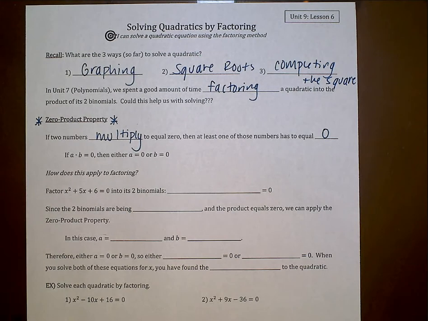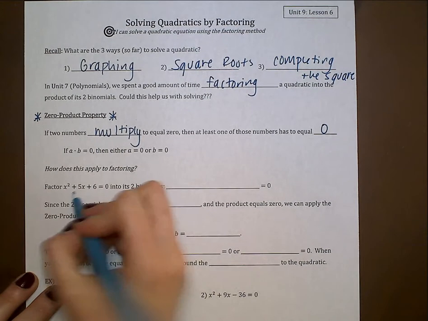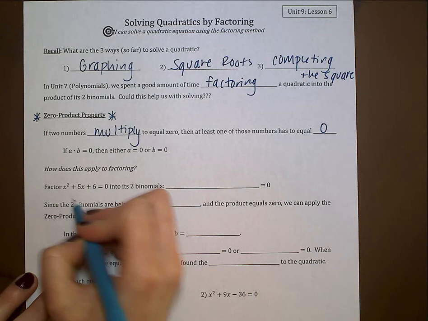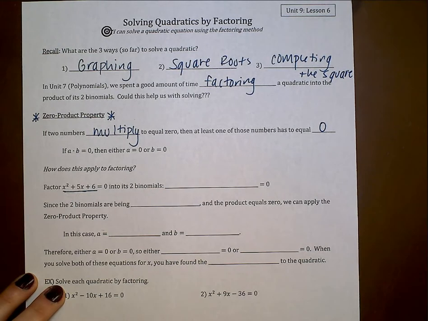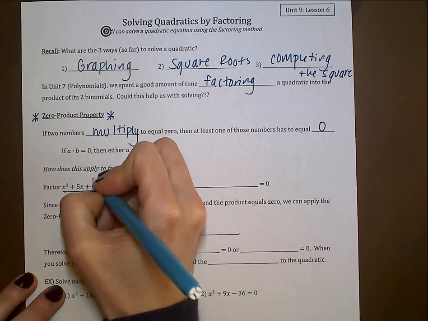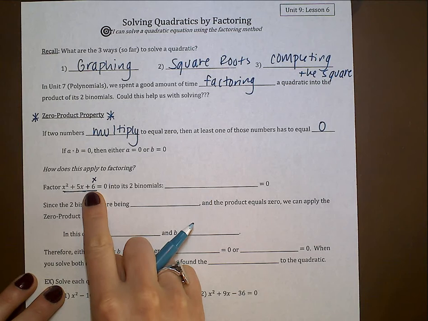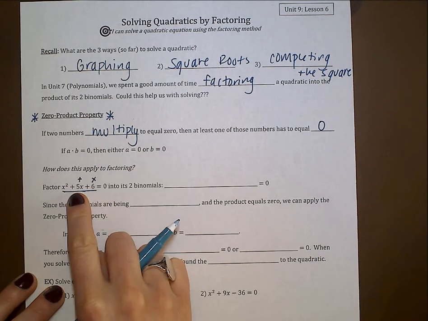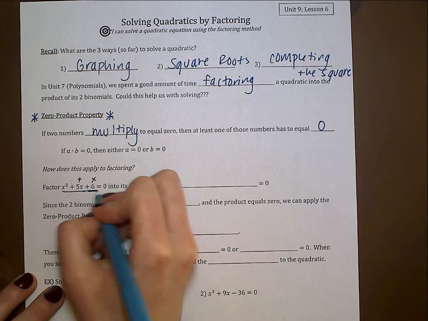Well, how does this apply to factoring? Let me show you. Let's remind ourselves how we factor something like x squared plus 5x plus 6. The thought process is, we're looking for 2 numbers that multiply to be the c value, in this case 6, and add to be the b value, which in this case is 5. Some of you are real good at this and it jumps out at you right away.